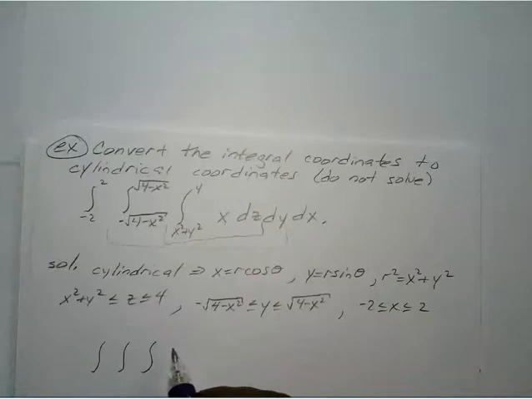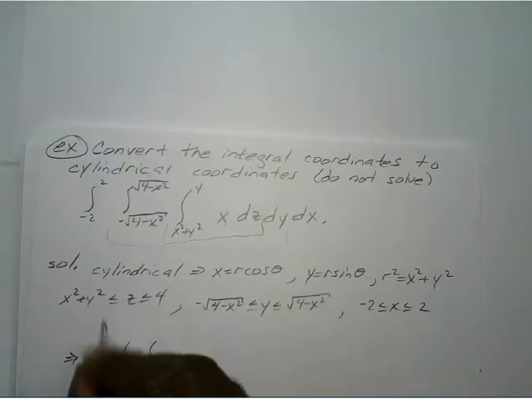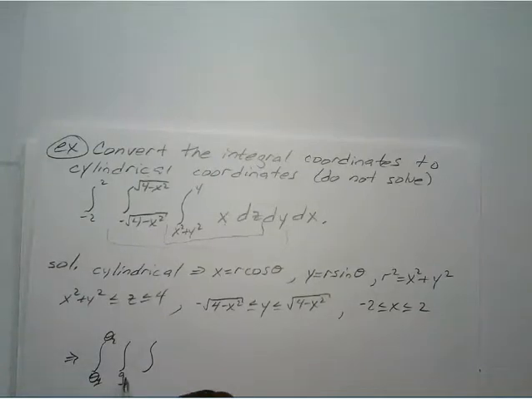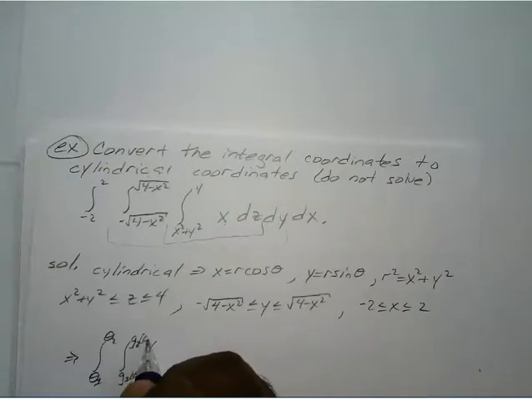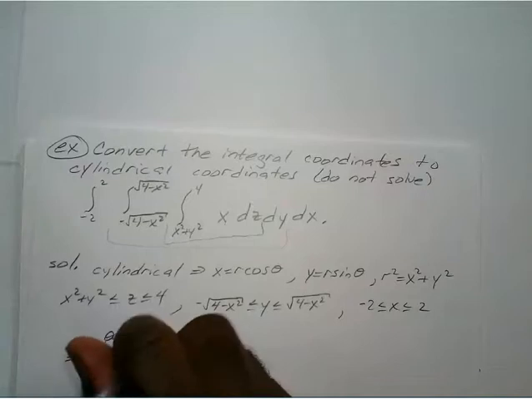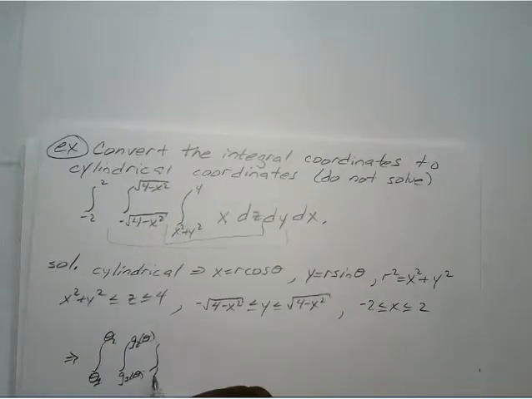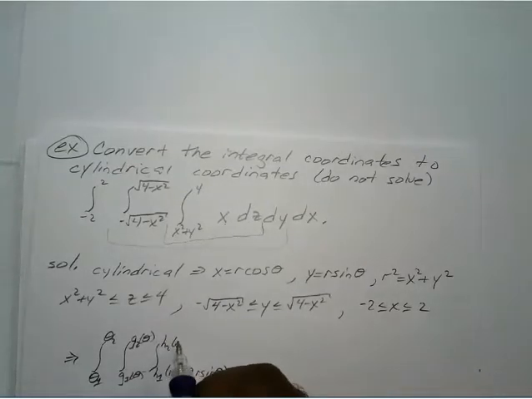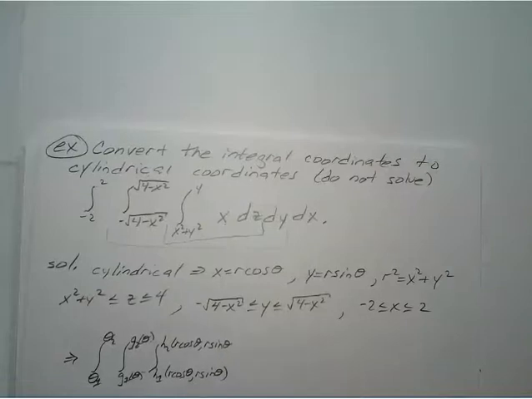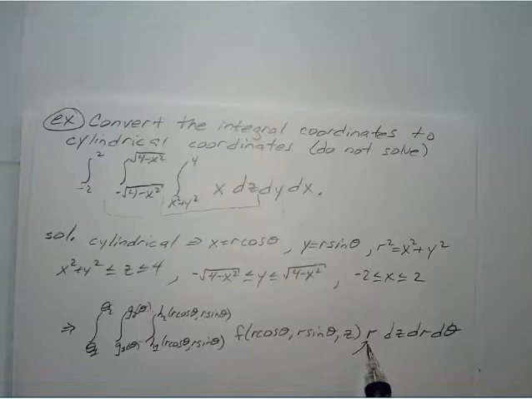Let me write down the actual formula for cylindrical: the integral of the function f of r cosine theta, r sine theta, z, times r, with respect to z, with respect to r, with respect to theta, with the boundaries h1 of r cosine theta, r sine theta, and h2 of r cosine theta, r sine theta. Remember that r, don't want to forget that.